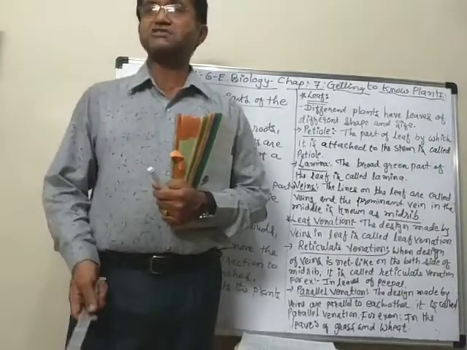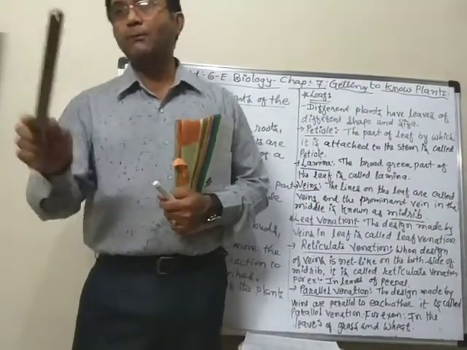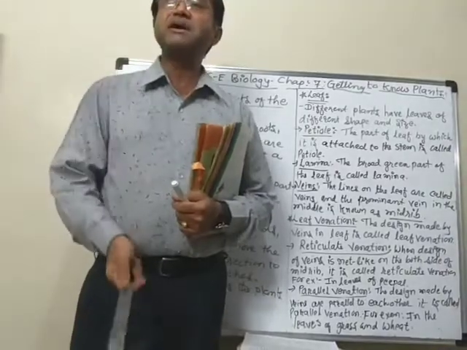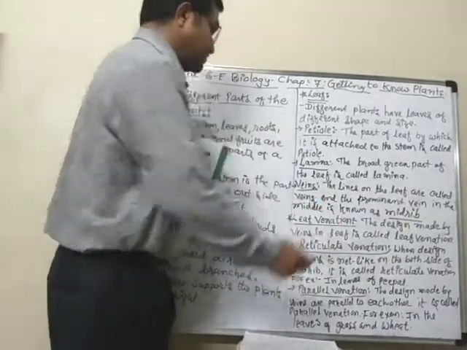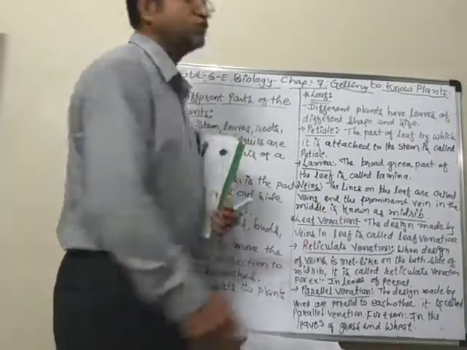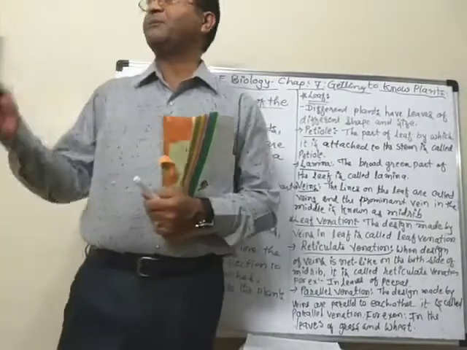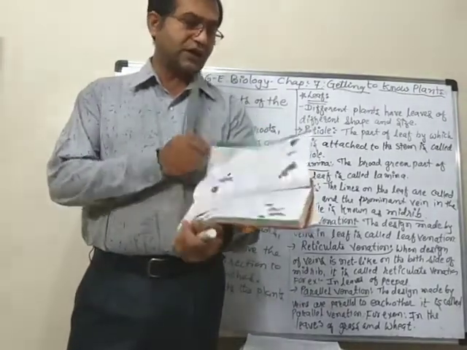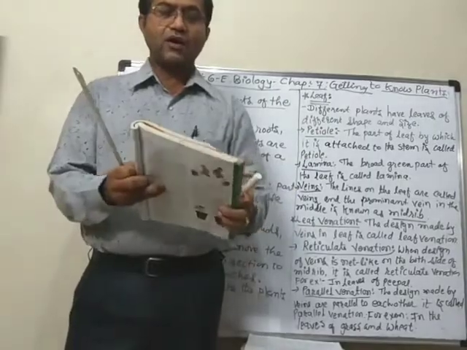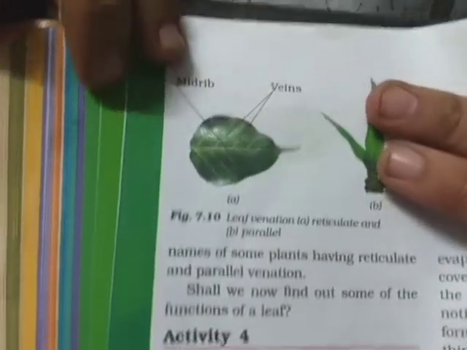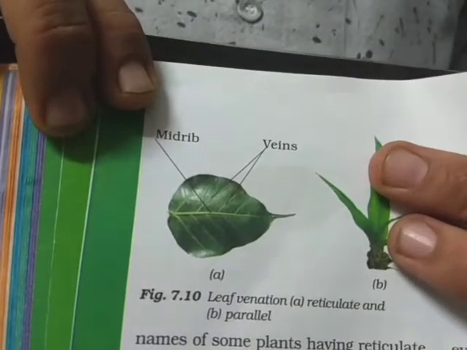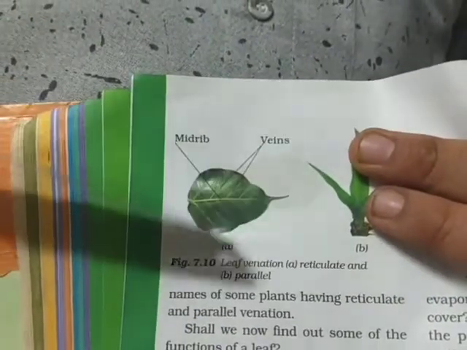For example, in the leaves of the peepal tree. In this picture you can see that around the midrib, on both sides, the venation is net-like.